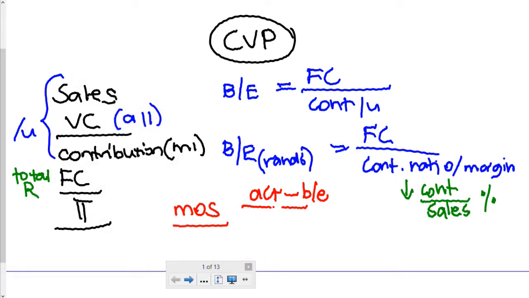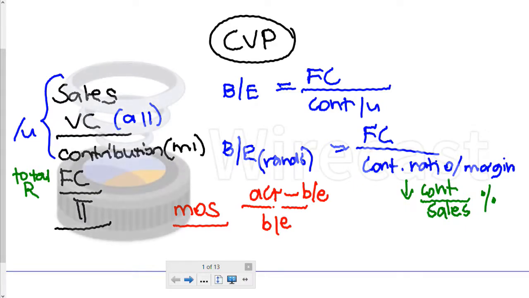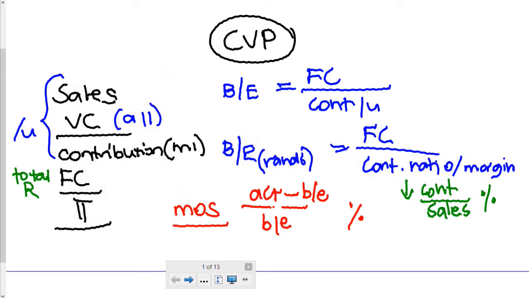Actual minus break-even divided by, sorry, now I can't remember. Margin of safety, yeah. Actual minus break-even over, I'm sure it's over break-even. So it gives you a percentage of how much your actual sales is greater than break-even sales, right? But at third year level, I'm not sure if you would be asked these; they really come from second year, isn't it? You remember doing them in second year.